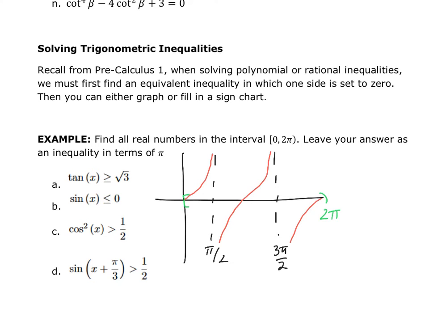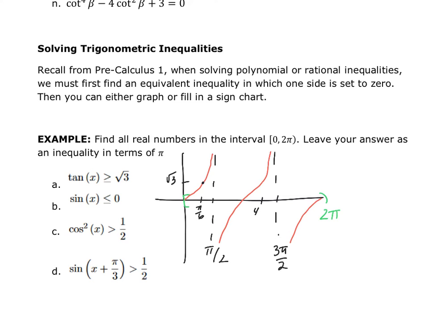So we know that on the unit circle, the tangent of my angle is equal to square root of 3 when I am at pi over 6. So right here, when I'm at pi over 6, I'm at the square root of 3. And then again over here in quadrant number 3, which is 4 pi over 3. Sorry, this should be pi over 3.